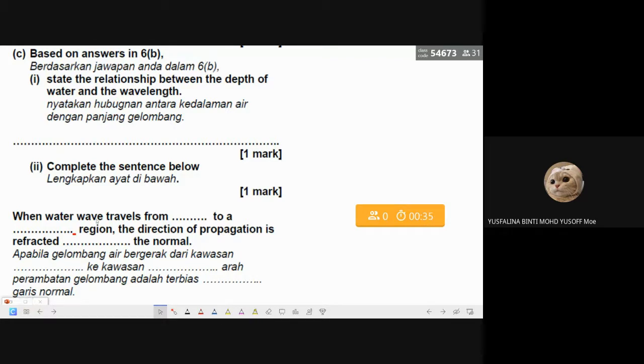For this one, you don't need to copy all the sentence, okay? You just put C2, what's the answer for the first one, comma, and what's the answer for the next. No need to copy all the sentence.